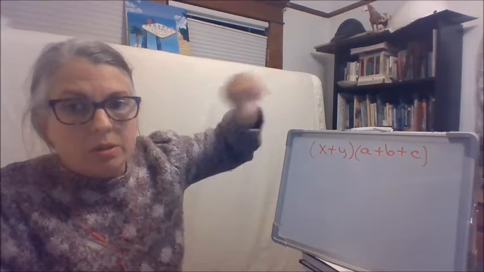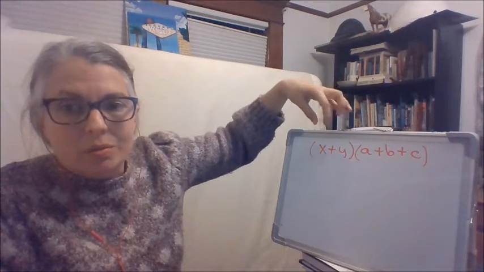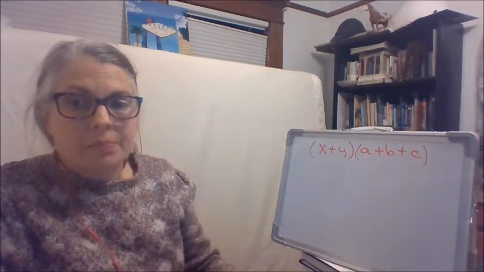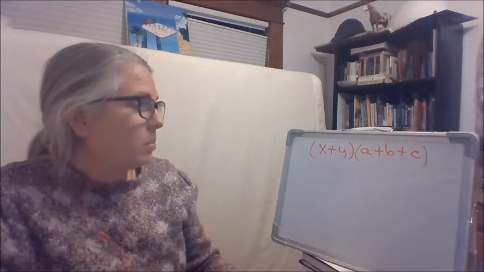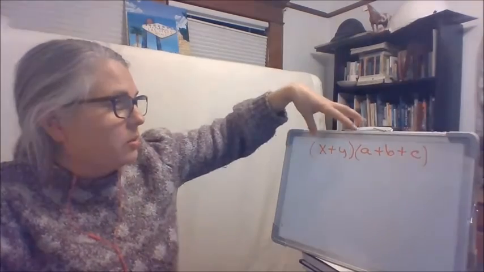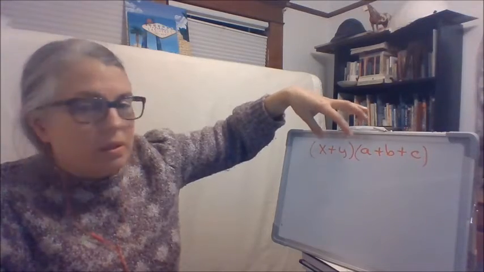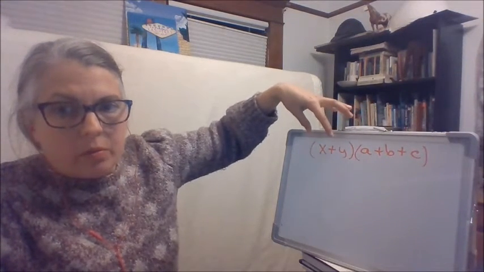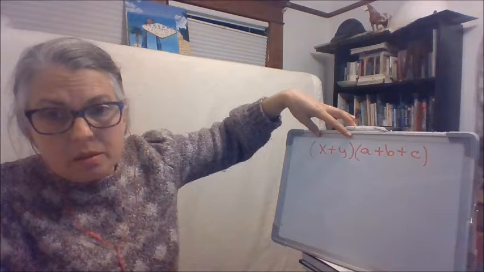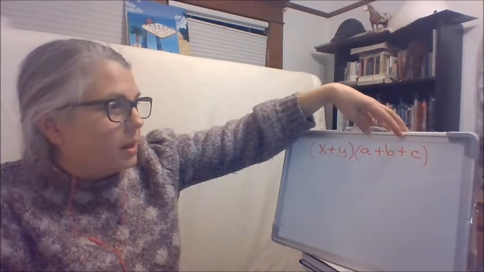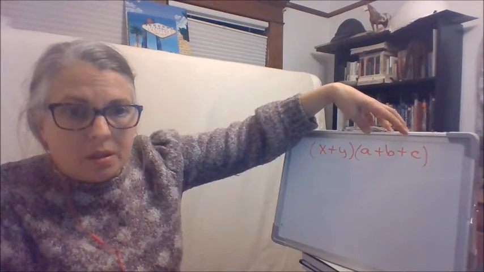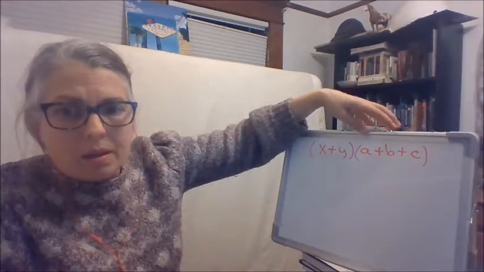And I'm going to do it by thinking that this is actually asking me, I can imagine that it's asking me, what's the area of a rectangle if one side is x plus y and the other side is a plus b plus c? The important thing here is to note that this is plus. You have to see expressions that this is adding, not multiplying.